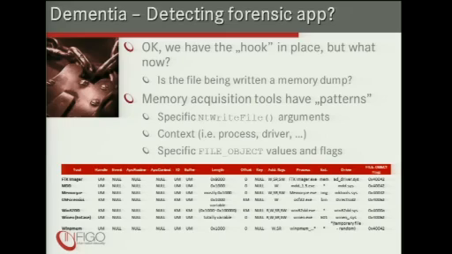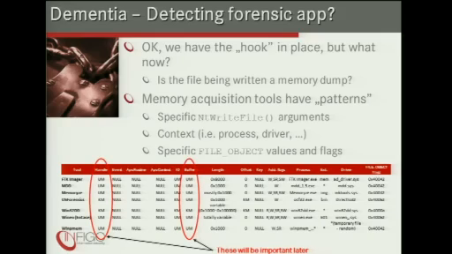And using this table, it's relatively easy to detect whether a file being written belongs to a memory dump, or represents a memory dump. What I also want to emphasize here are these two columns, handle and buffer. The first column means whether the handle to the dump file has been opened in user mode or kernel mode, and buffer, whether the buffer being written originates from user mode or kernel mode. We'll talk about them later, but these are very interesting.